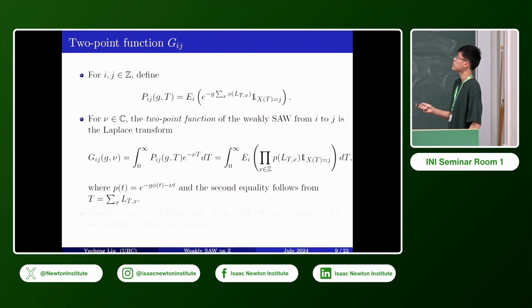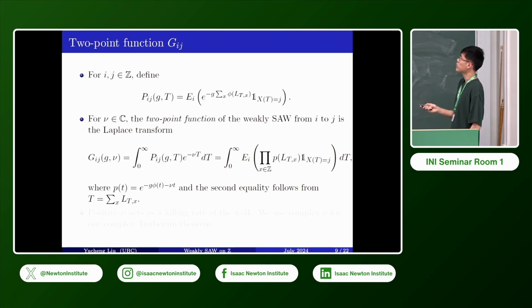It's exactly the probability for the walk to go from i to j at time t, but with this penalty due to self-intersections. And for some nu in the complex numbers, I take the Laplace transform of this p_ij, and I call that Laplace transform the two-point function of the weakly self-avoiding walk. So g_ij is the Laplace transform of my p_ij, which has this nice form.